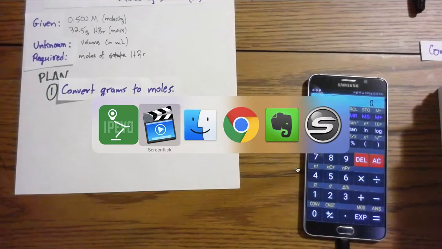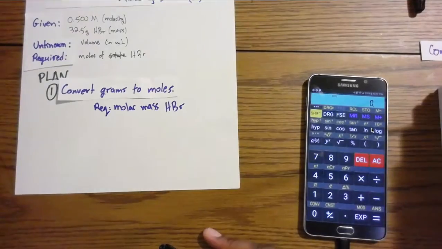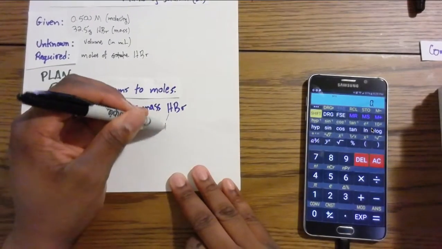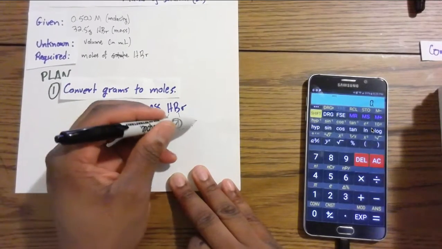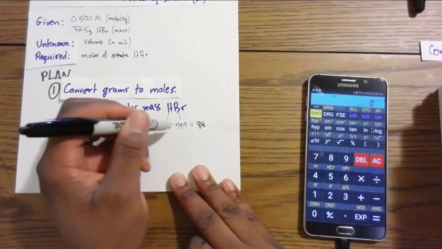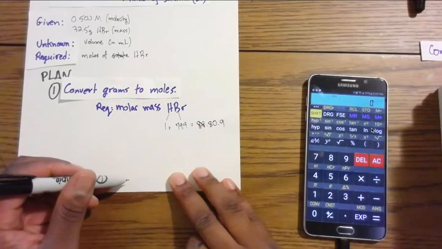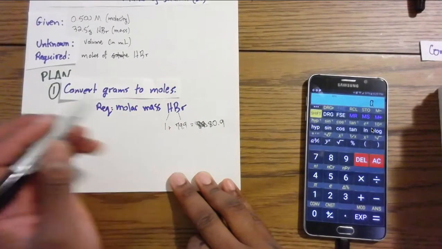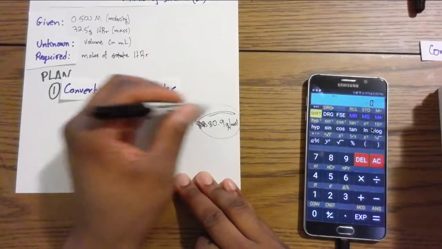So looking on my periodic table, H is 1 and Br is 79.9, add them up, 79.9 plus 1 is going to be 80.9. Alright, there we go. So 80.9 is my molar mass of HBr.